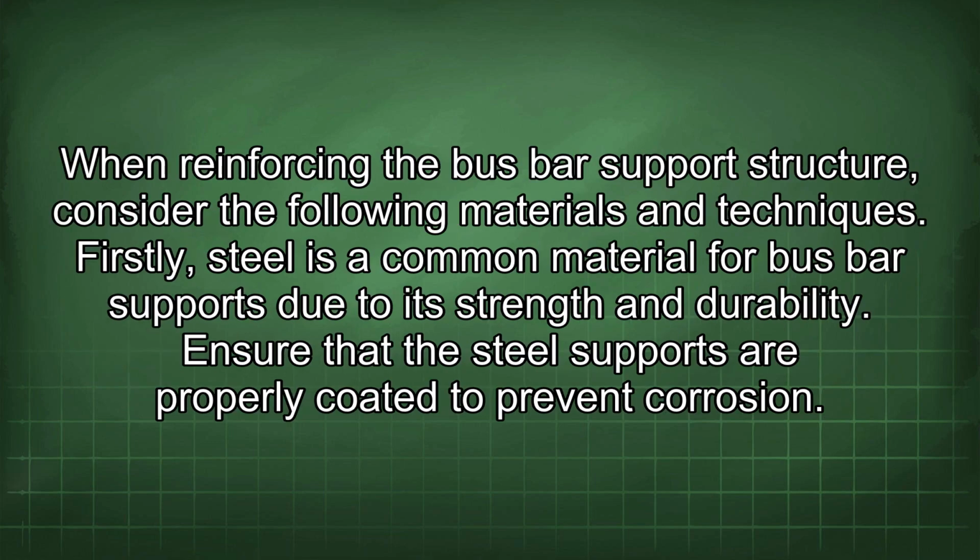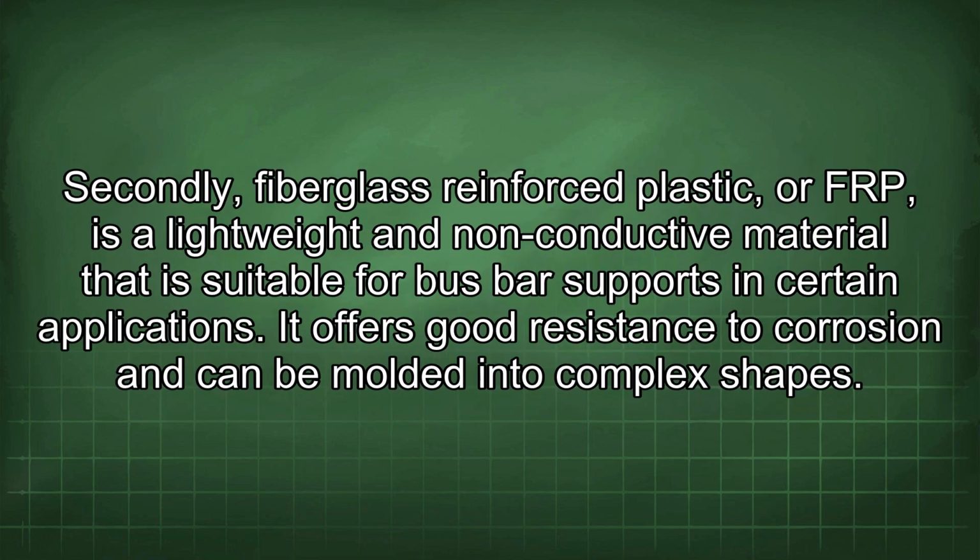When reinforcing the bus bar support structure, consider the following materials and techniques. Firstly, steel is a common material for bus bar supports due to its strength and durability. Ensure that the steel supports are properly coated to prevent corrosion. Secondly, fiberglass reinforced plastic, or FRP, is a lightweight and non-conductive material that is suitable for bus bar supports in certain applications.